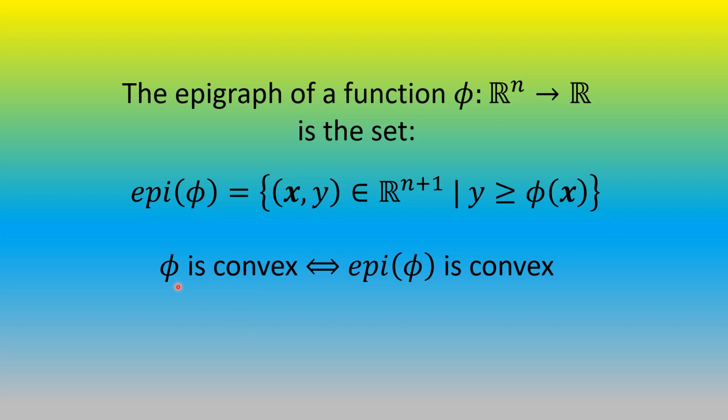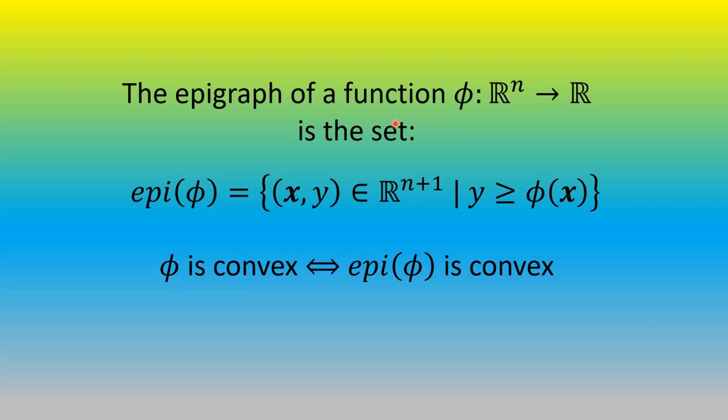So phi is convex implies that the epi of phi is convex, and the epi of phi is convex implies that phi is convex. That's how we connect these concepts. And of course, we're talking about a closed, non-empty, convex set.